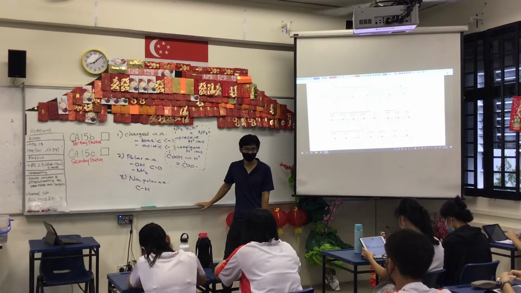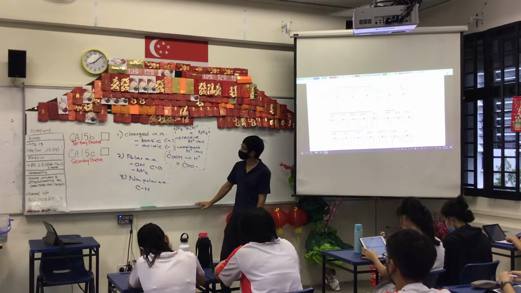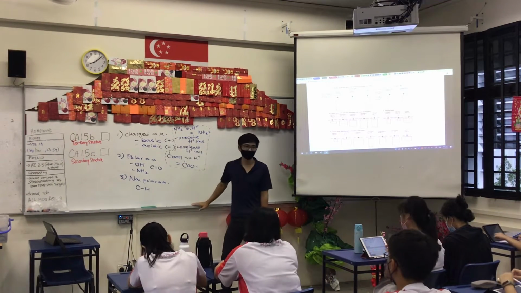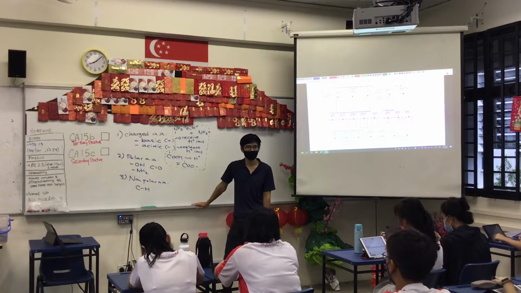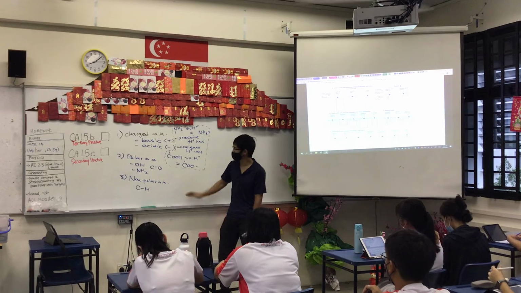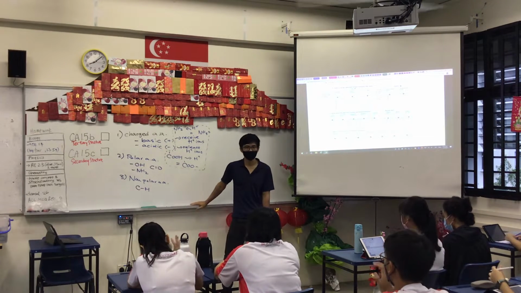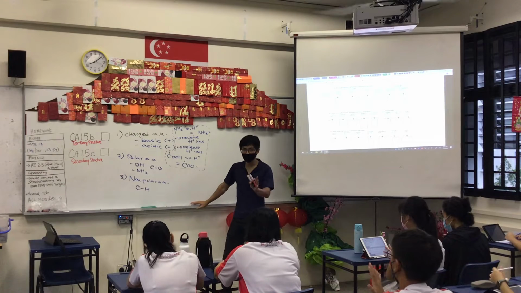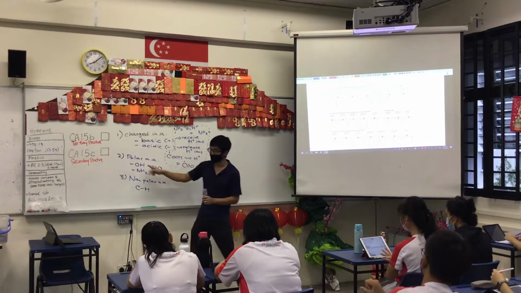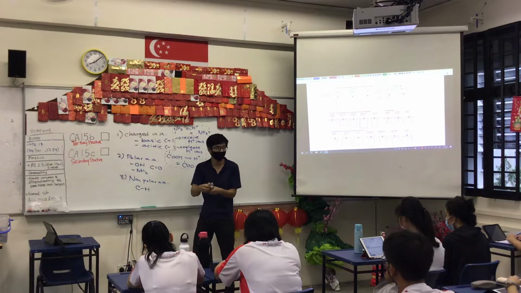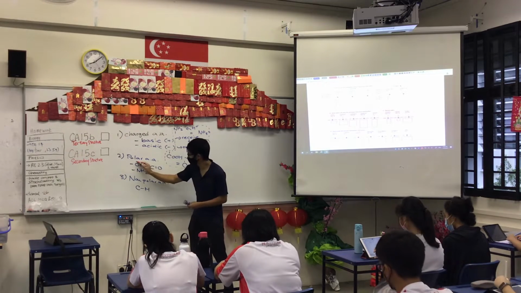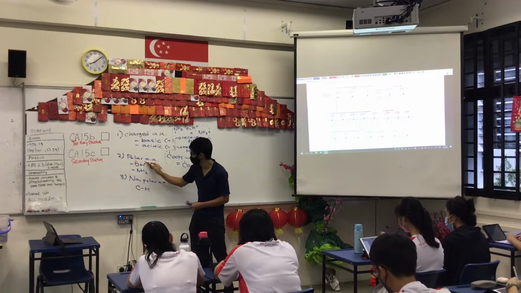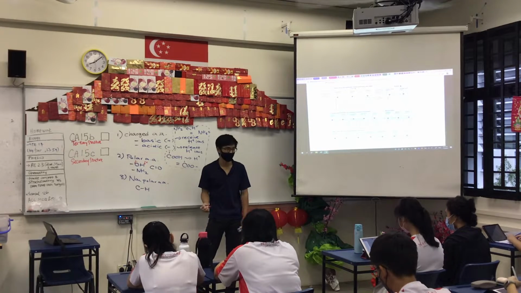Okay, ready? Who says group 1 loves water, hydrophilic? No? Who says group 2 loves water? Okay. How do we tell? Because they are polar, right? They will have partial charges. So if I join partial charges, this one will be partially negative, partially positive, can attract water to itself.